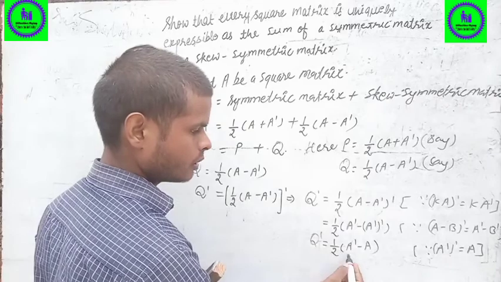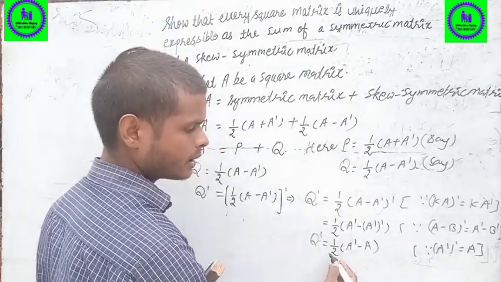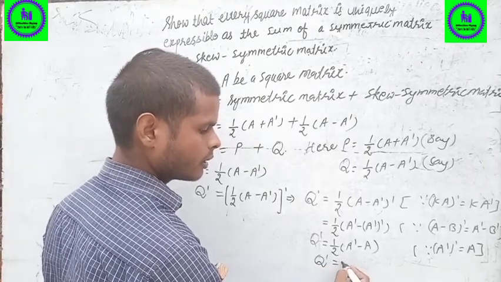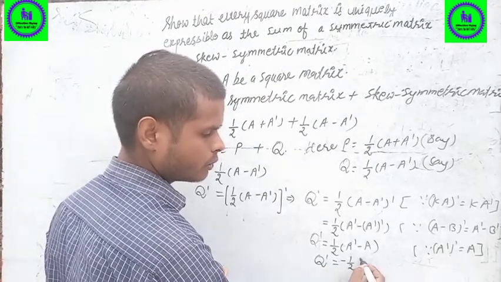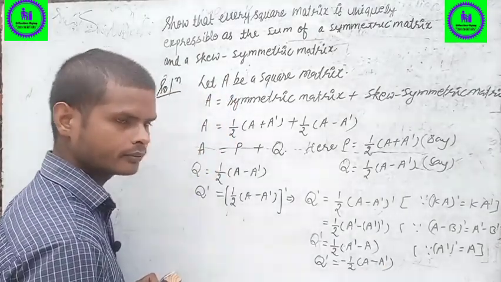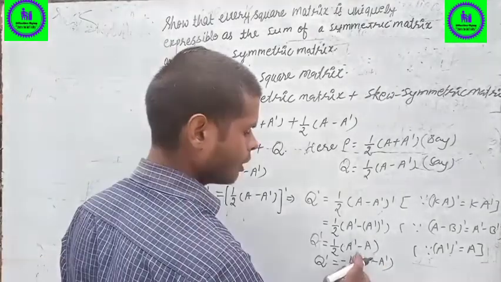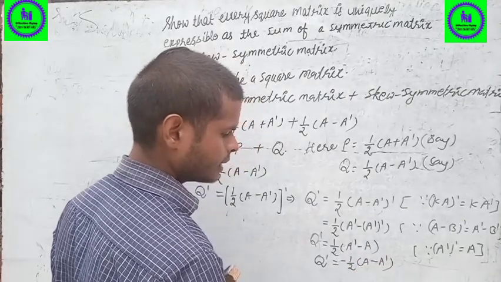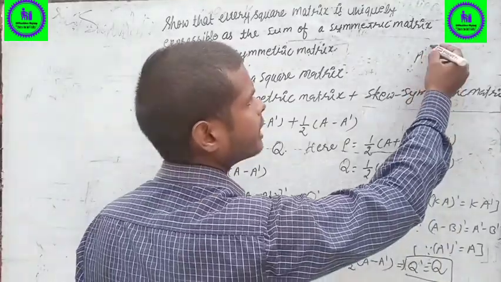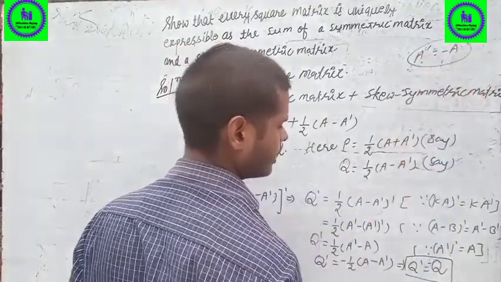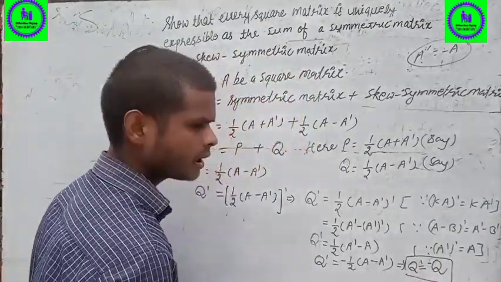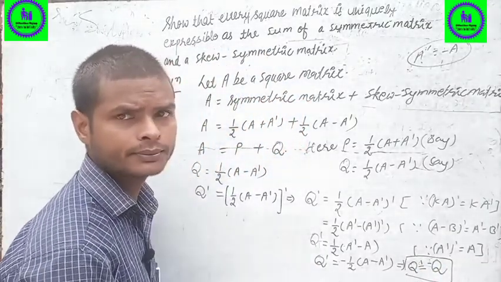Now, taking the minus sign outside of the bracket, minus 1 by 2 (A minus A dash). This value 1 by 2 (A minus A dash) is Q. Here we get Q dash is equal to minus Q. It means Q is a skew symmetric matrix.